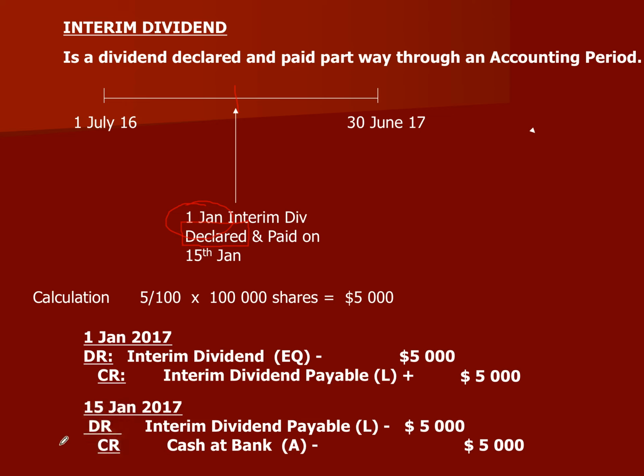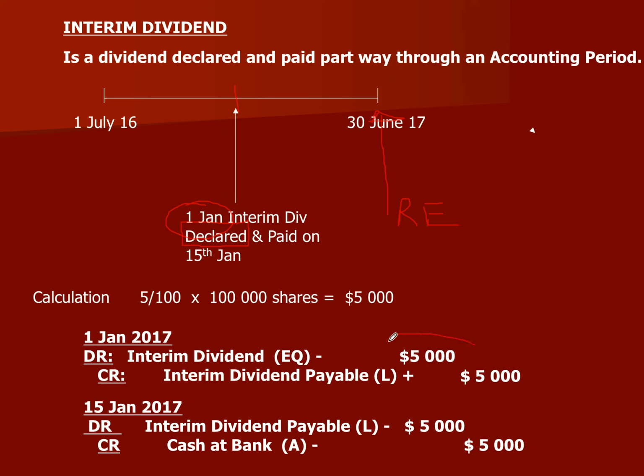So let's look now at what happens with this interim dividend account. That's sitting there at $5,000. Now that's got to come out of the profit, which, yes, you guessed it, is sitting in the retained earnings account. So on the 30th of June, that interim dividend account is offset against the retained earnings account. So it's got to come out of the profit for that year.